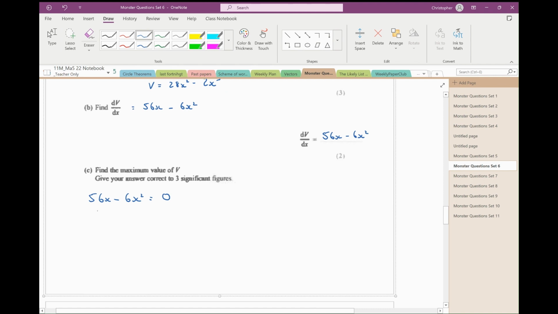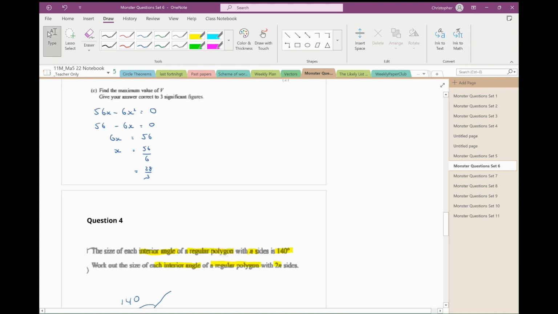So solving that equation, I can divide all the way through by x, which will give me 56 minus 6x equals 0. So 6x equals 56. So x is 56 over 6, which simplifies to 28 over 3. So x is 28 thirds.